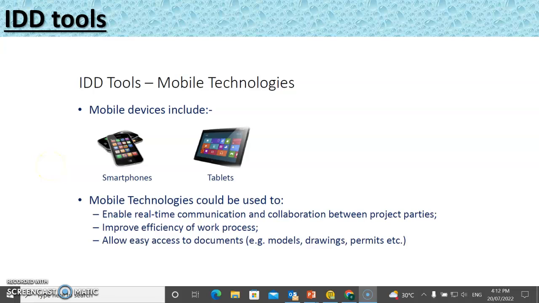Now, other than the building information modeling, which I mentioned just now is the most impactful and the most likely IDD tool to be used, you can have other IDD tools deployed on the construction site for the stakeholders. It can be, for example, smartphones and tablets, simply because smartphones and tablets are very commonly available nowadays.